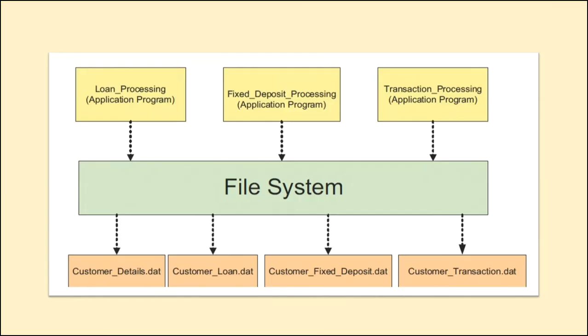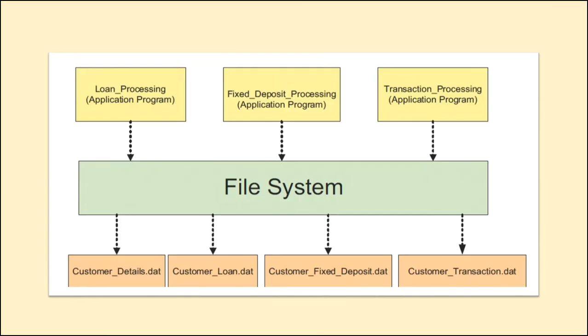And here there is one more thing, the concurrency. What about the concurrency? Suppose two or more developers, I mean more application programs, are trying to access or read the files at the same time. Then what will happen?